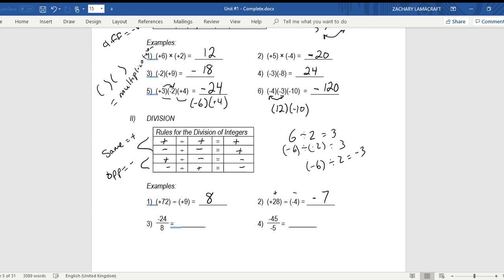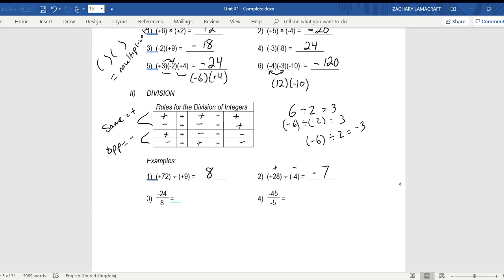Finally, we've got it in the form of a fraction. So when we see it in a fraction, it's the same as division. All right. So in this case, negative 24 divided by 8 is a negative number divided by a positive number. And that number would then be negative, and it's negative 3.